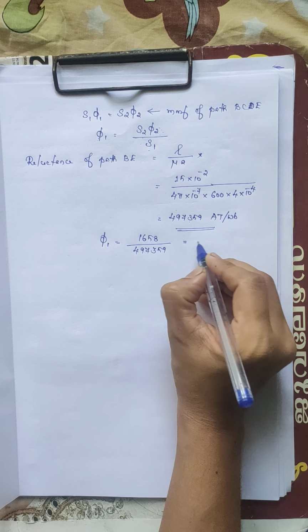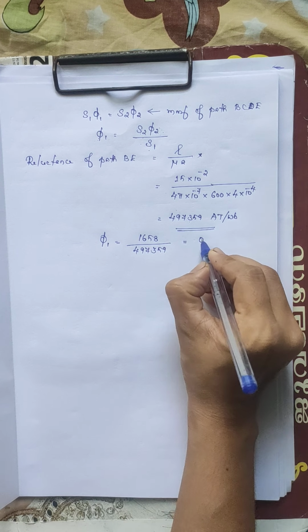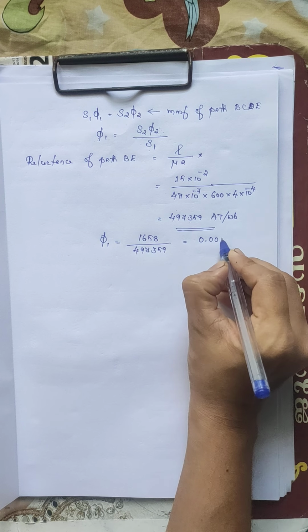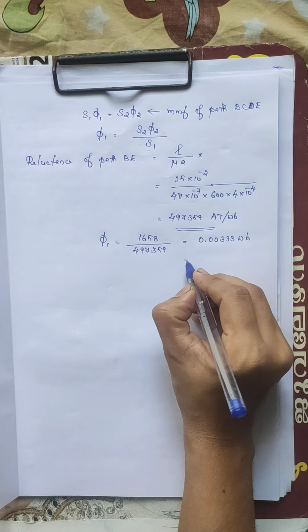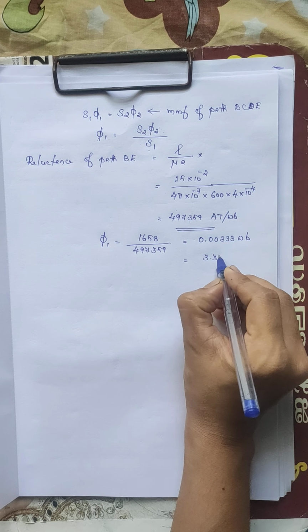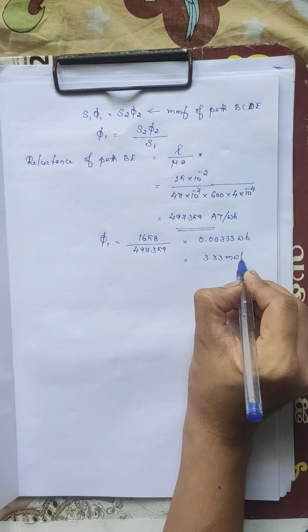We get the flux carried by path BE as 0.00333 Webers, which can be written as 3.33 milliwebers.